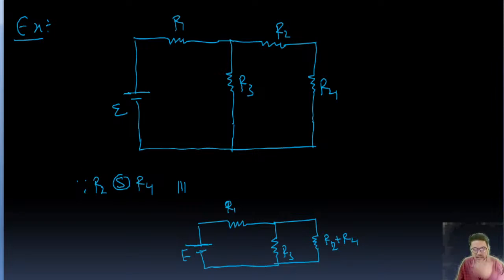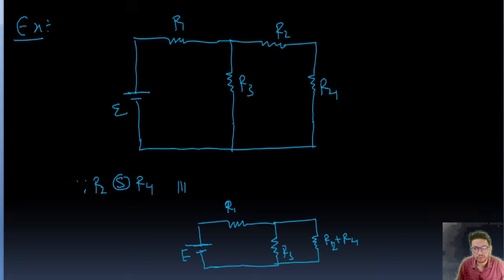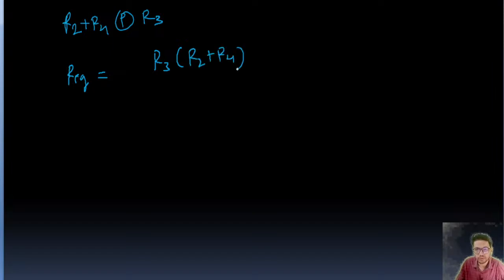Series I'm denoting by S, and parallel by P. So R equivalent is going to be R3 into R2 plus R4 upon R2 plus R4 plus R3, right? So let's say this value is R dash.